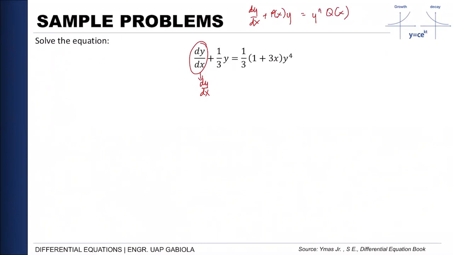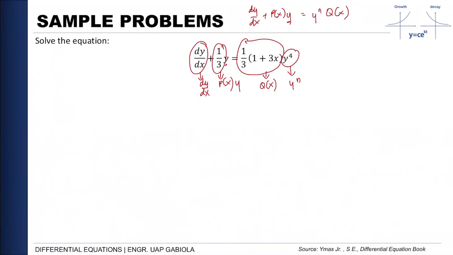So here, the y is this. The 1/3 is our P of x. And the y raised to 4 is our y^n. So this whole expression is our Q of x.